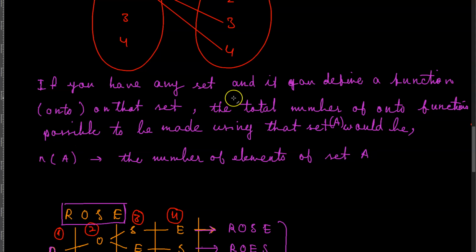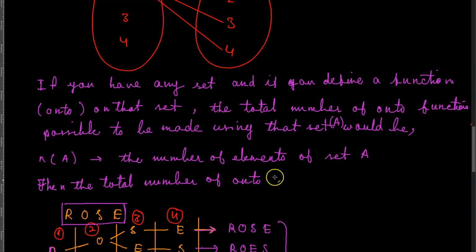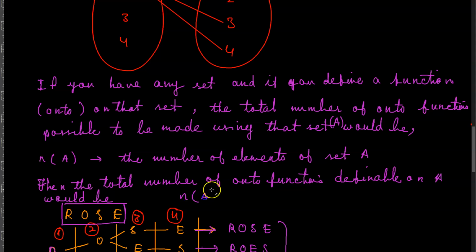then you can say that the total number of onto functions definable on A would be n of A whole factorial.